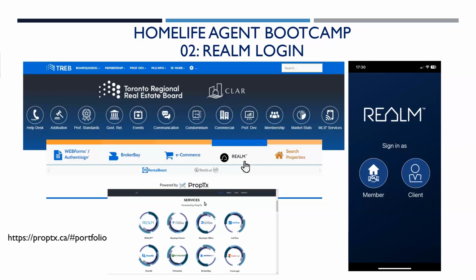Then from there, in your member login homepage, you will be able to see the search. I'm going to use the laser here. And this is the RUM. If you click on that, you get to the RUM base homepage.